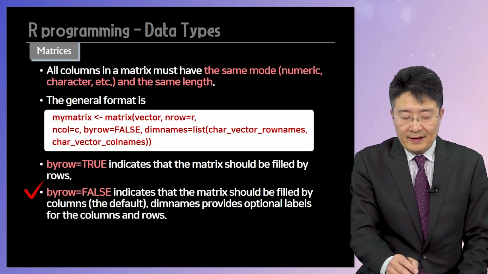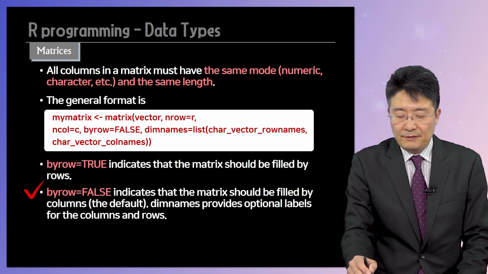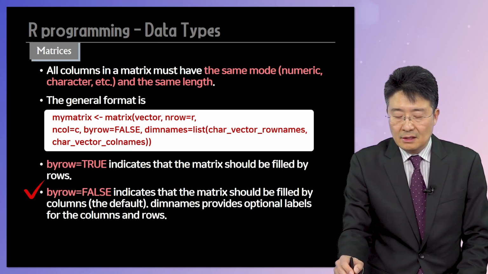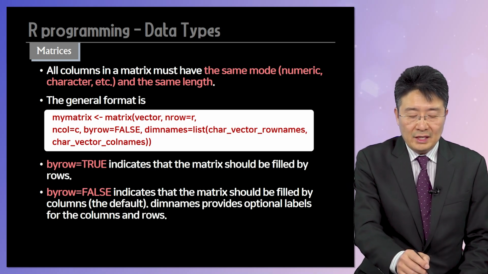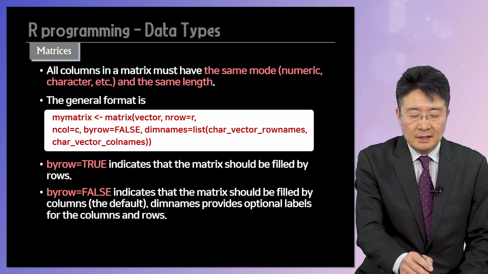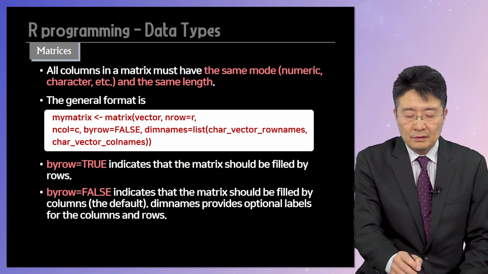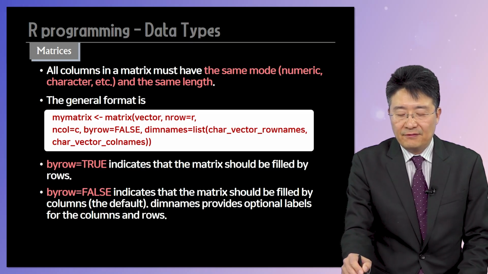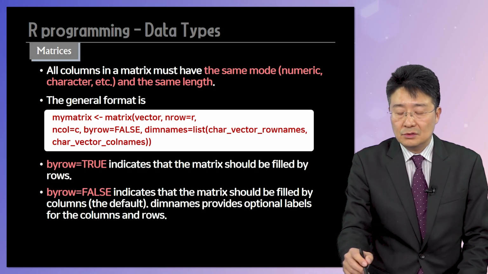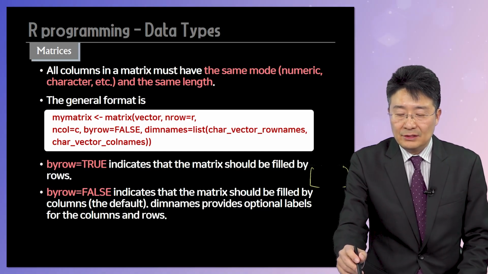The default indicates that the matrix should be filled by columns. But if we change this option to true, it indicates the matrix should be filled by rows. So we can fill a matrix.